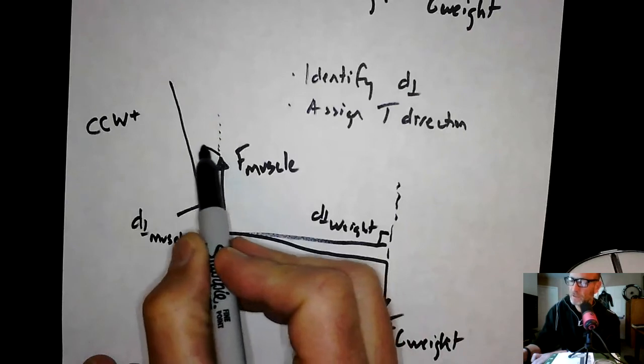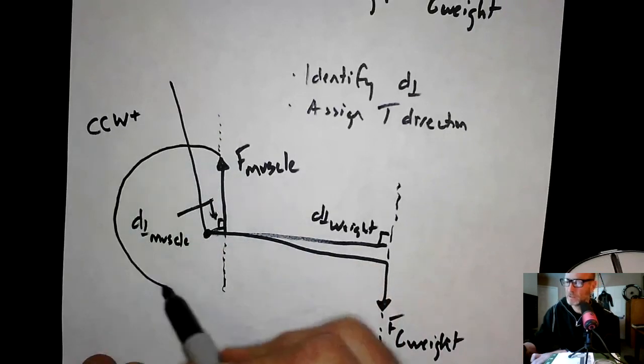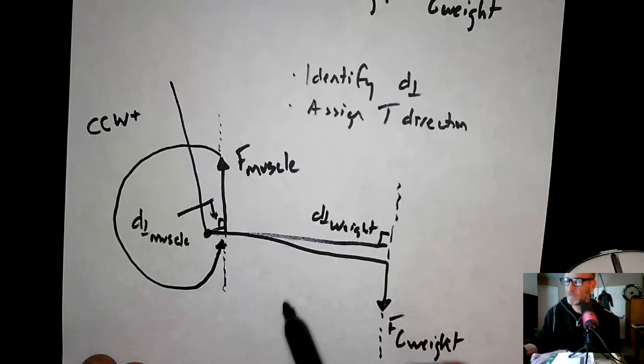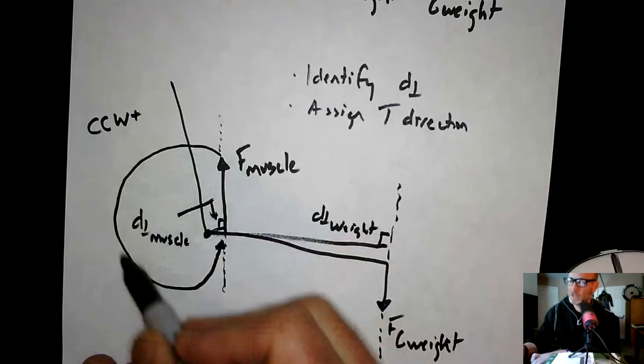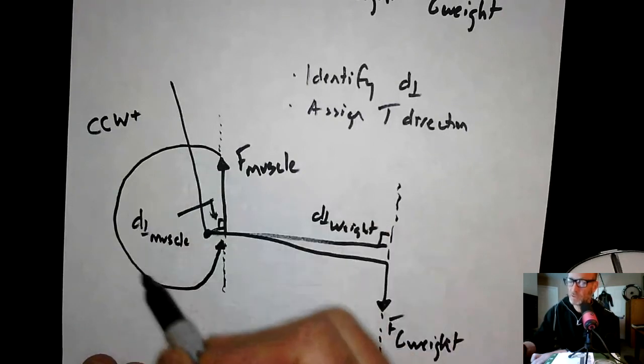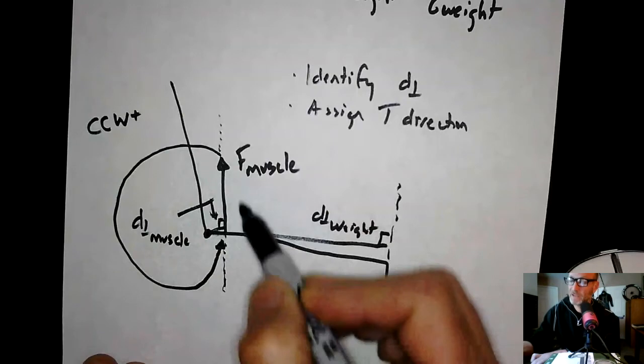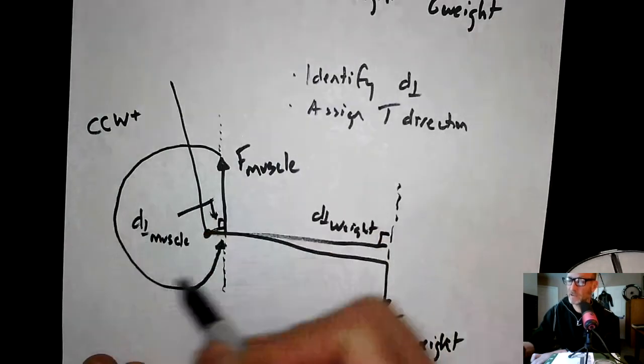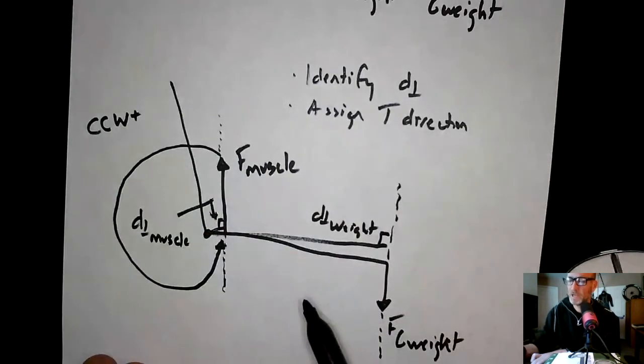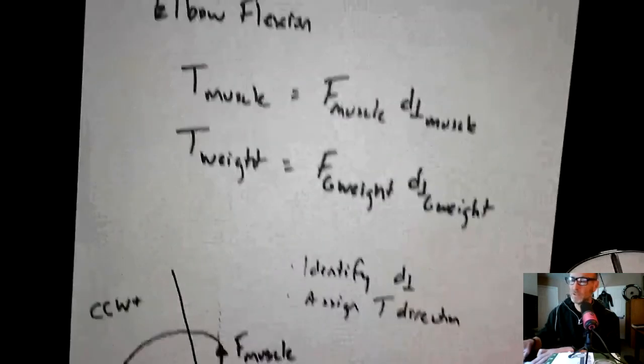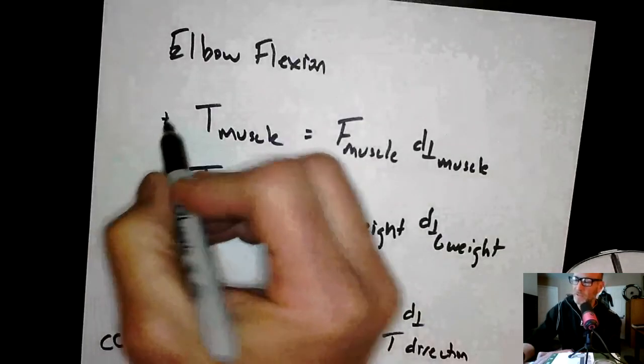So we're going to start here, go around the axis, end up here. We don't know which way rotation is happening yet, but right now that tendency to cause rotation in the counterclockwise direction is a positive torque. So I'm going to go up here, and I'm going to put positive here.